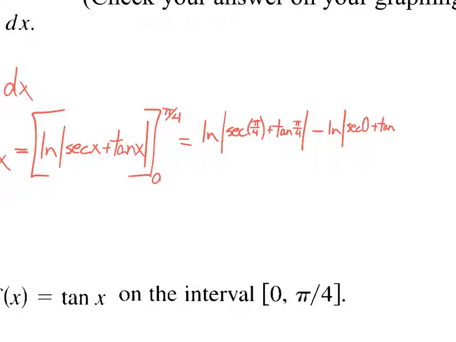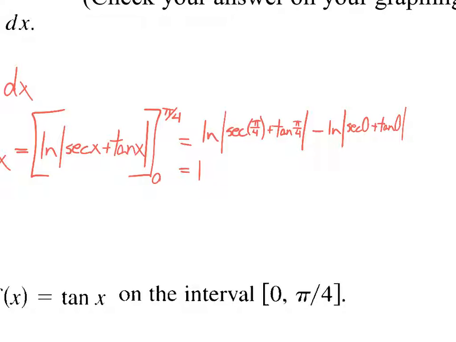Okay? So let's figure this out. Secant's 1 over cosine, right? What's cosine of pi over 4? Square root of 2 over 2.